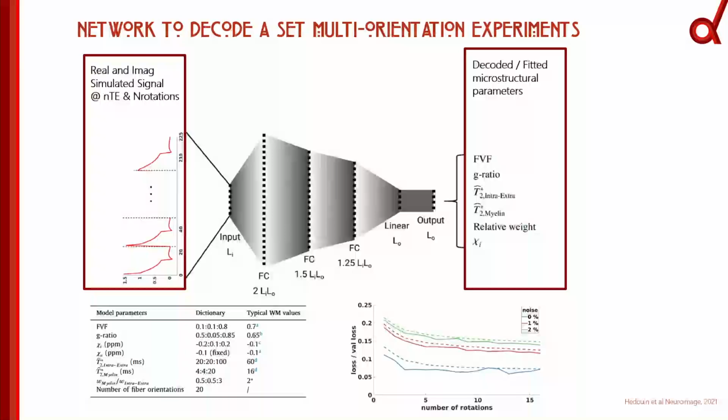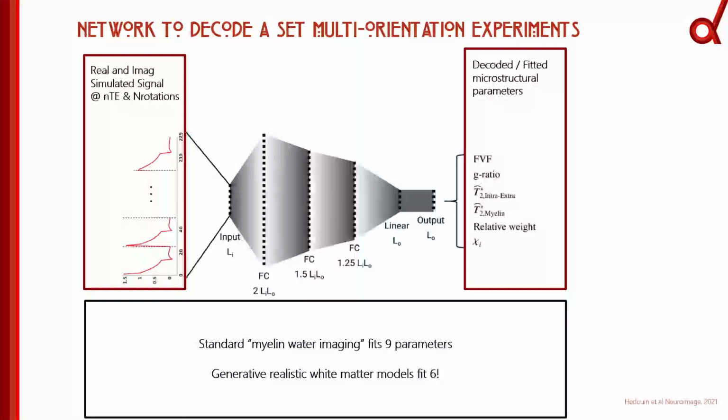You need to at least once get your fiber angle far away from being parallel to the magnetic field. In myelin water imaging, you fit 9 parameters to one single decay rate. With these generative realistic white matter models, we're only fitting 6 parameters. So with all this complexity, we are actually simplifying our fitting.